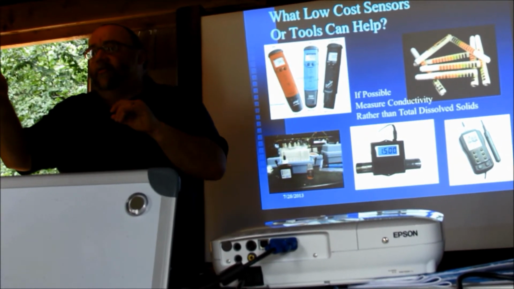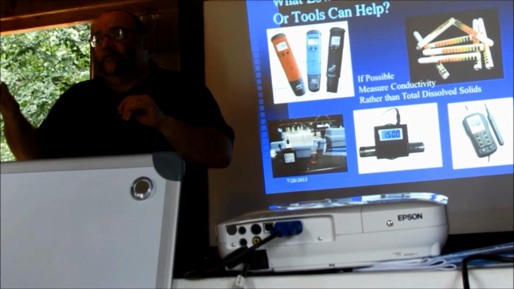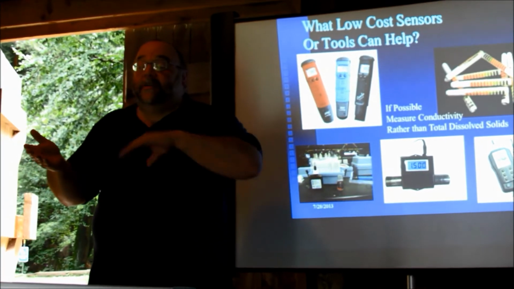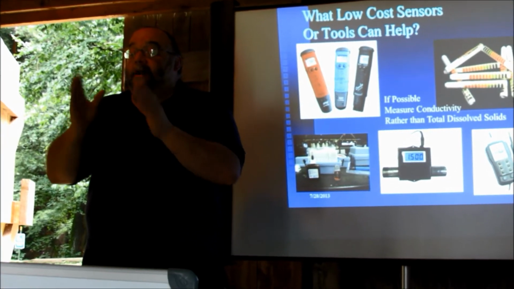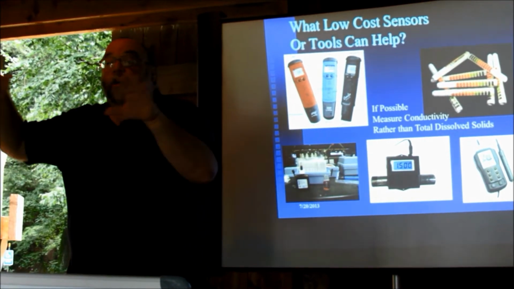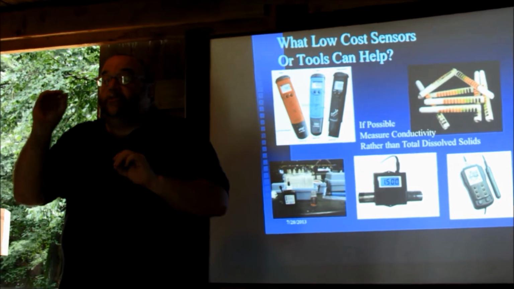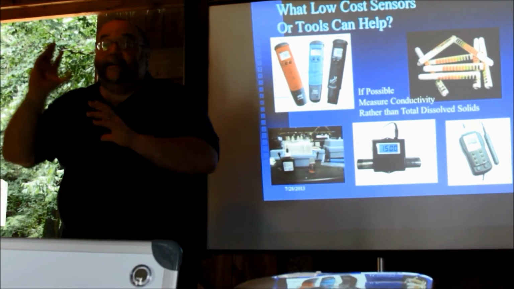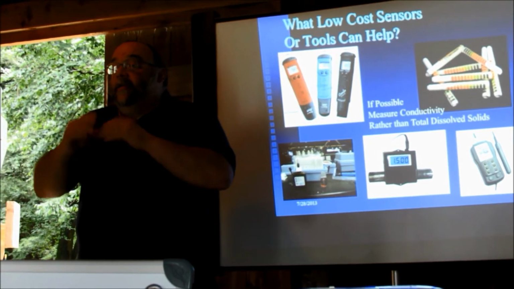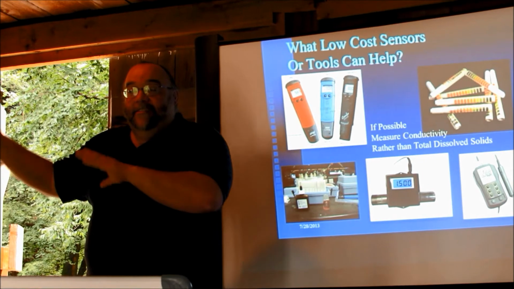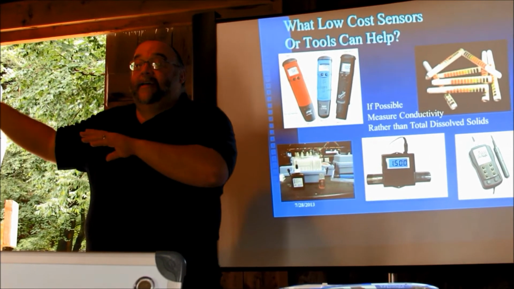I know when Oram was developing that program, we had a conversation about that, and we recommended not using TDS meters and using conductivity meters. Because with conductivity, you can measure it and it's always the same. Then you do a baseline sample for TDS, total dissolved solids, and take that to the lab and say, okay, I got a conductivity of 100, and I got a TDS of 90.